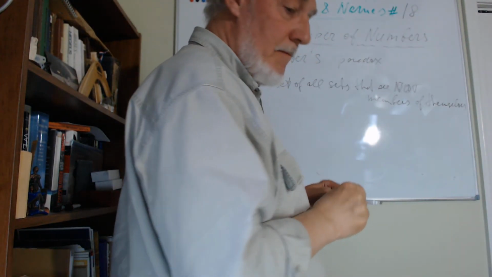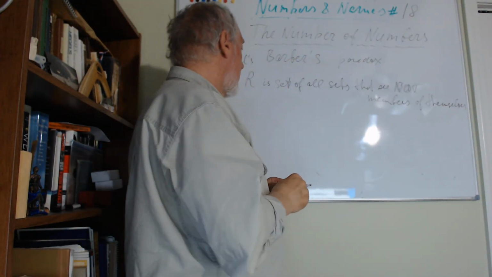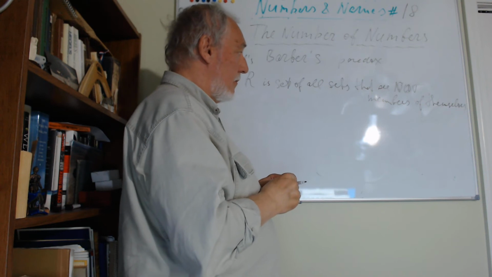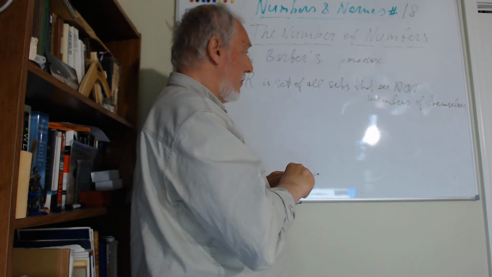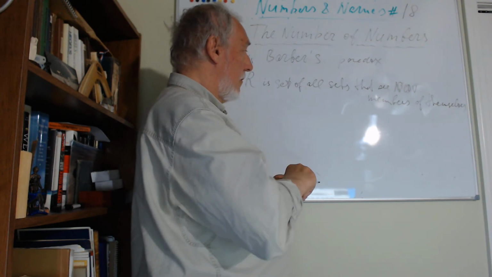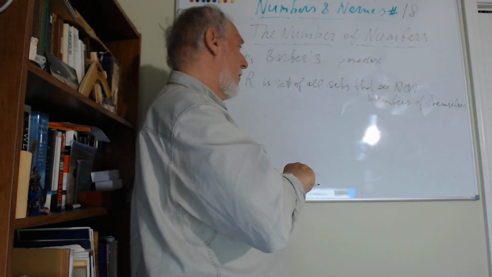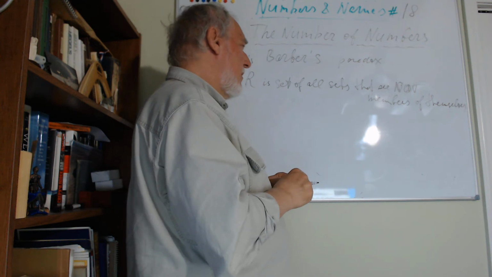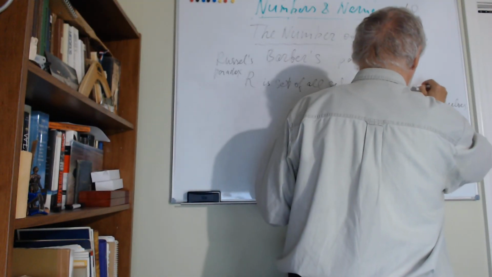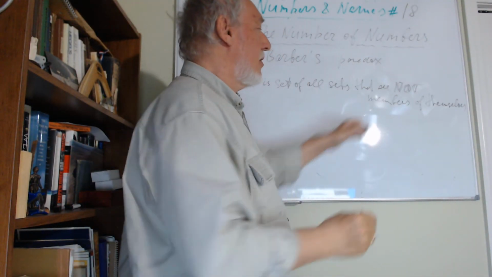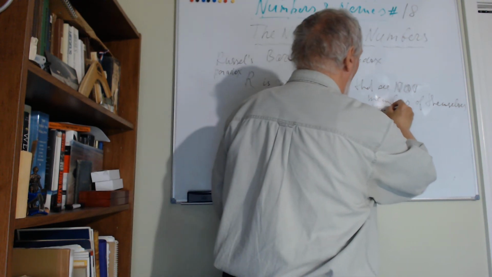Same thing: R is a set of all sets that don't belong in these sets. Yeah, little formulations maybe a little different, but it's the same thing. That are not members or not subsets of themselves.